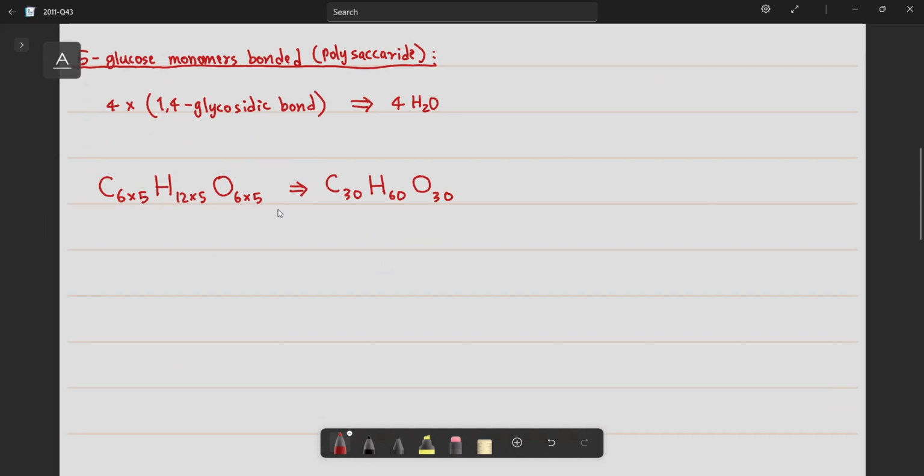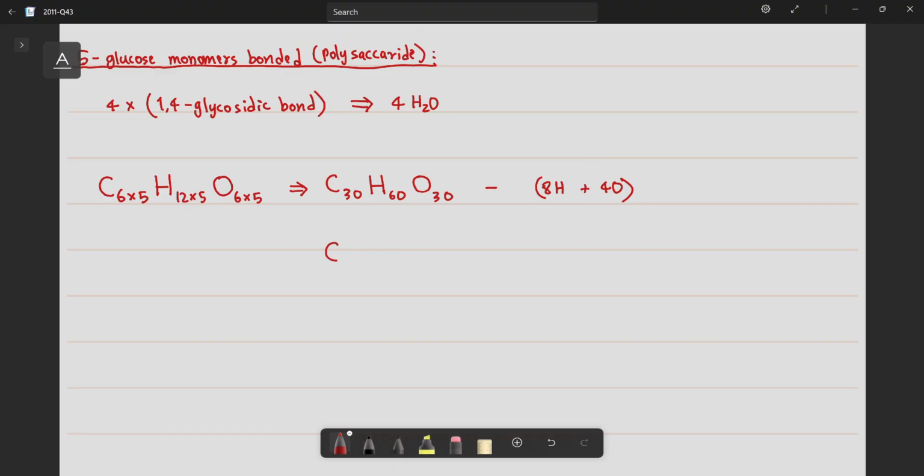Since we have lost four water molecules, the loss from this overall glucose structure must be 8 hydrogens, 4 times 2, and 4 oxygens. This is the total number it must lose from 5 glucose, since they form four 1,4 glycosidic bonds.